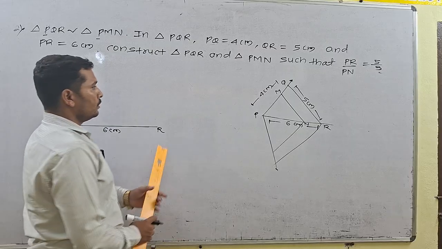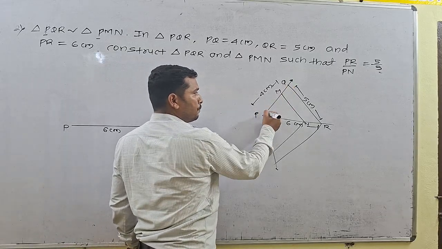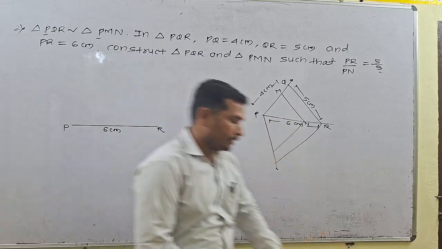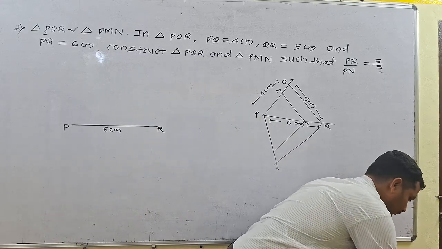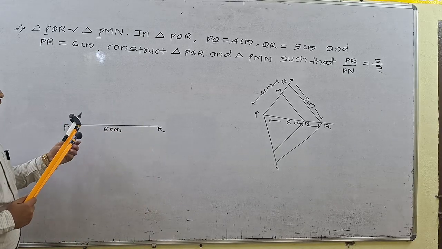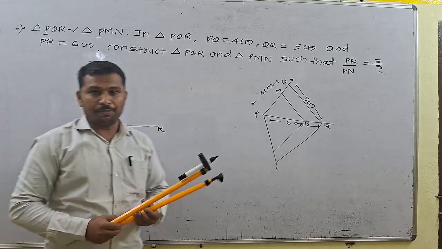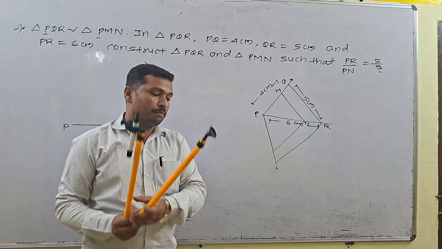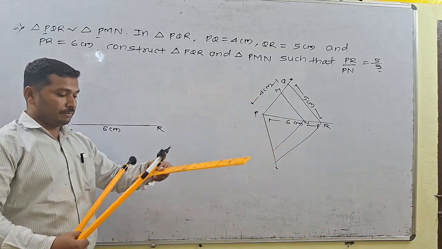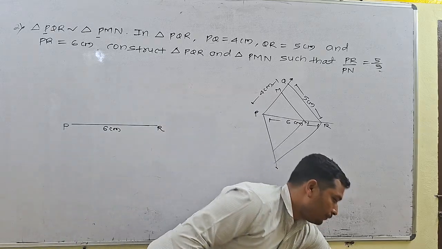Now we know that PQ is 4 centimeters and QR is 5 centimeters. Take a distance in your compass. It is very easy. Now look at your boards. What is the length of PQ? First take a distance of 4 centimeters in your compass. We must draw a 4 centimeter distance.